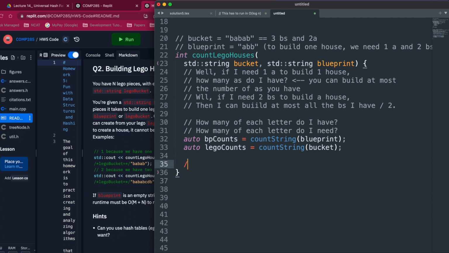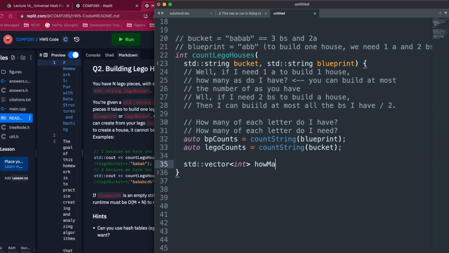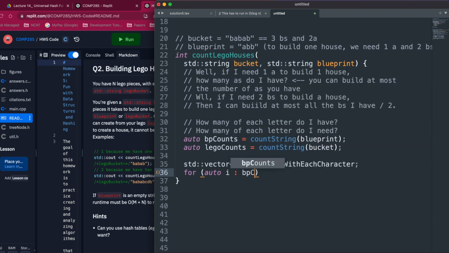So you can imagine what we want to do next is essentially figure out, let's keep a vector of integers, which is going to be how many with each character, or something like that. And what we'll do is we can iterate over our blueprint, right?